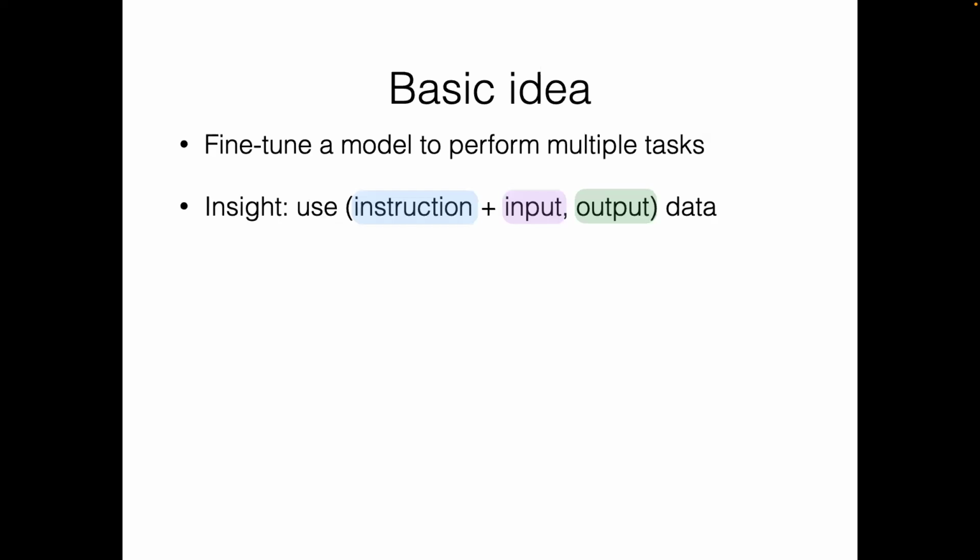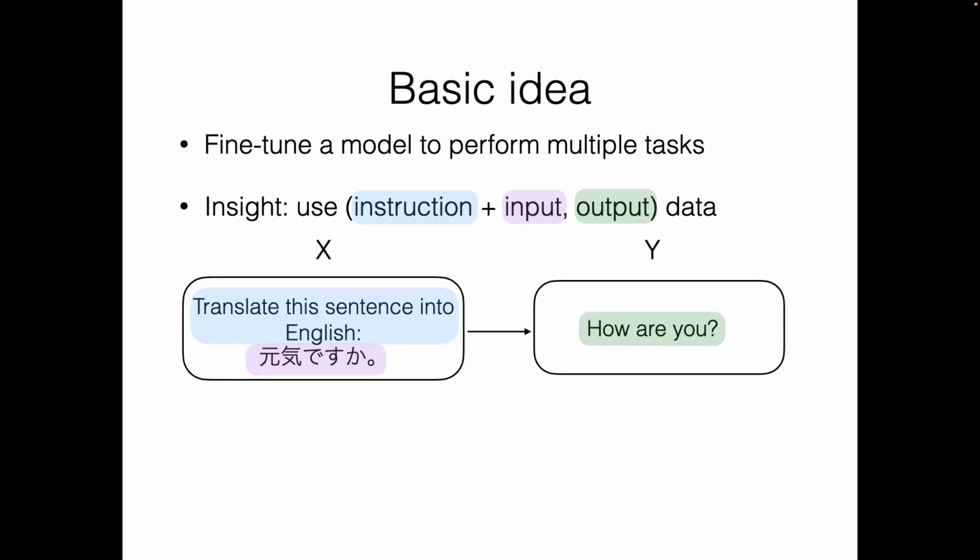The basic insight is we can fine tune it on data of the following form, where we have some instruction that describes the task and then some input and some output. So now instead of just having a model that works for translation, we can have some examples which say translate this, and another example which says write an essay about this sentence, for example.